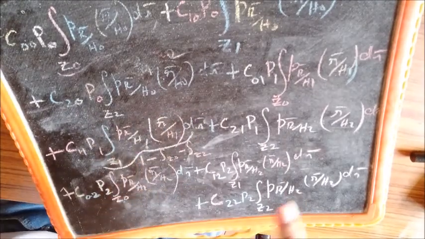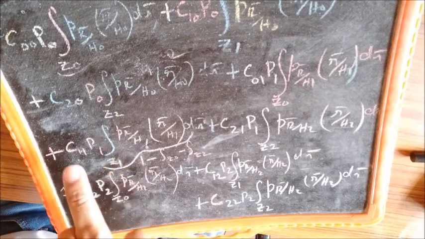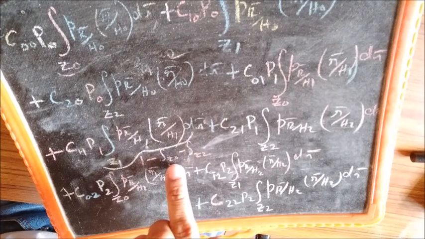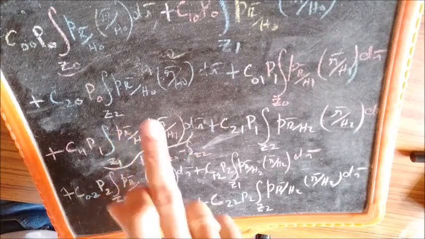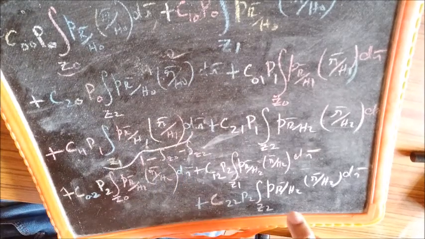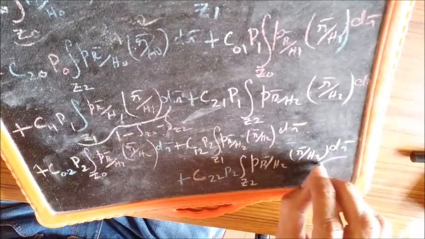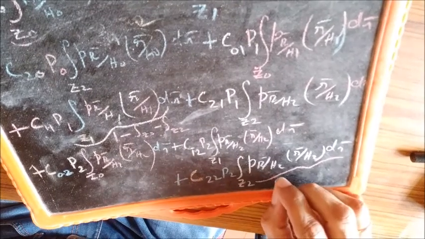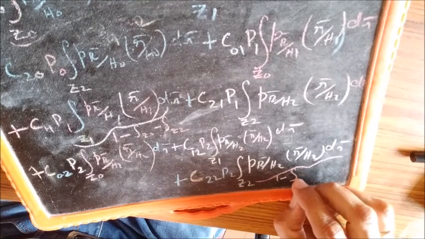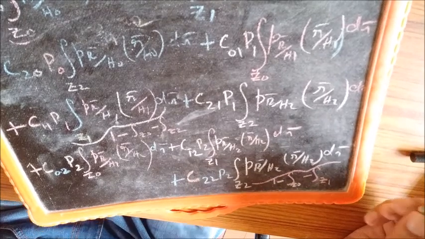If you integrate it over the entire observation space, the result will be 1. So integration over the observation space Z1 has to be 1 minus integral of this in the region Z0 minus the integral of this in the region Z2. And then we come here, the last term here, and write this accordingly as 1 minus an integral of this over Z0 minus an integral over Z1.